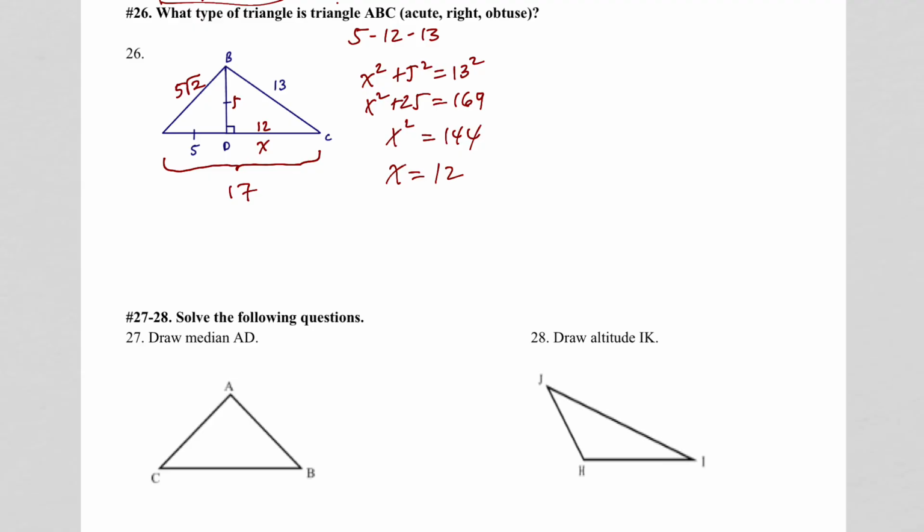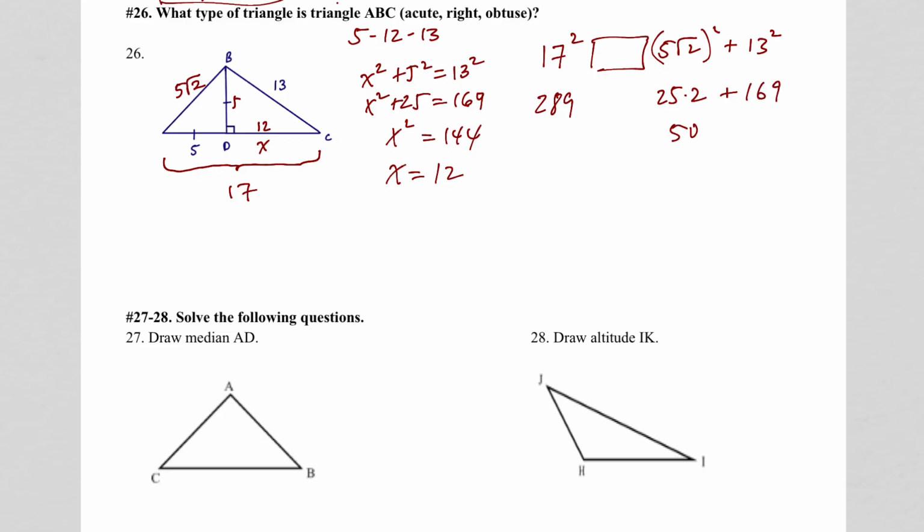Now, this is obviously the longest side. So to figure out what type of triangle it is, we're going to say 17 squared, and we'll say 5 root 2 squared plus 13 squared. 17 squared is 289. 5 squared is 25, root 2 squared is 2, so this turns into 50, and 13 squared is 169.